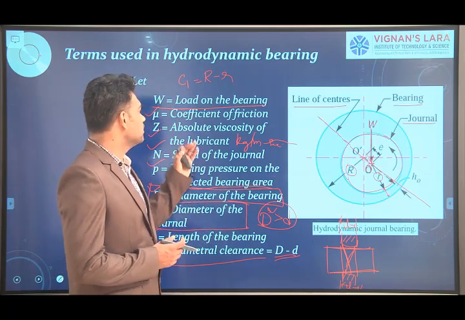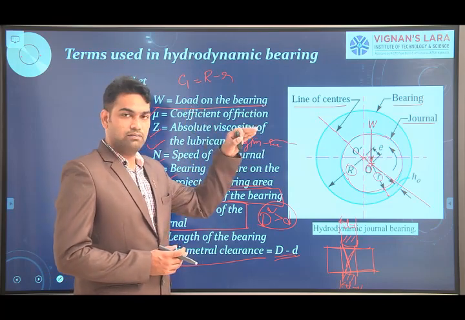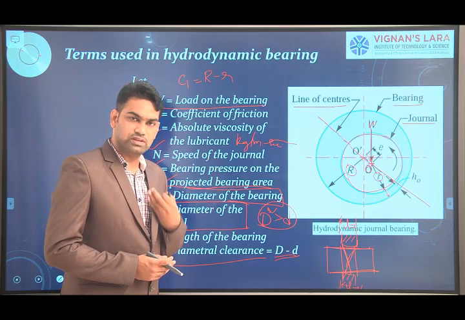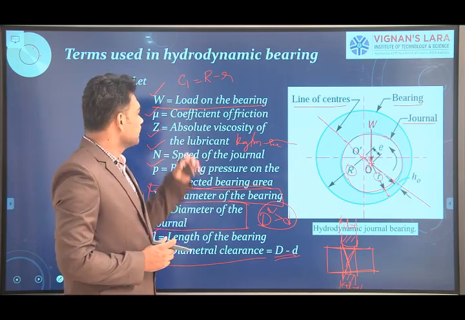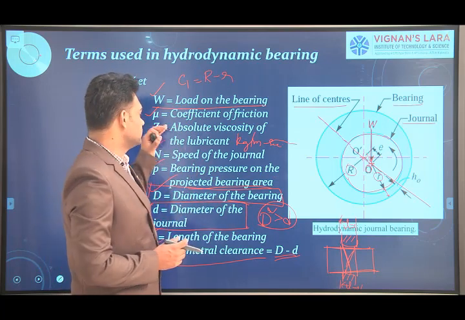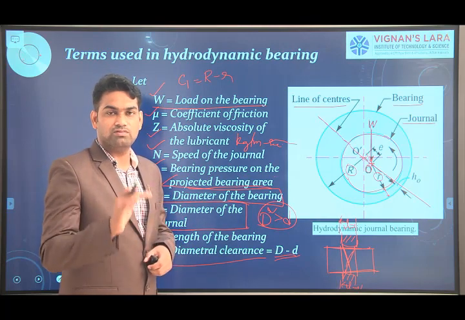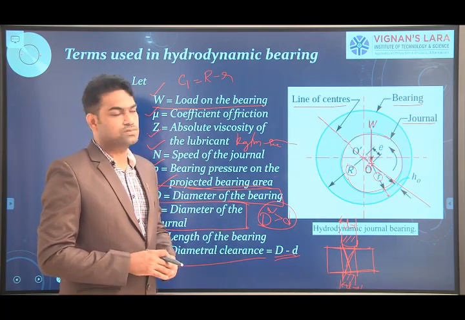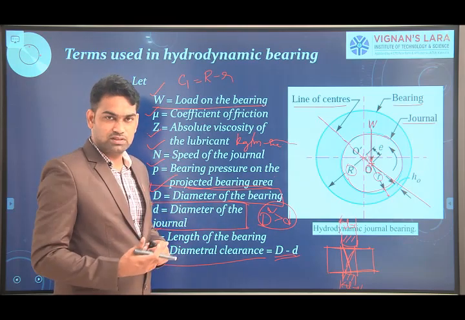Please remember that W is the load acting on the bearing. Load can be represented with either W or F, but in most cases we go with W. Mu is the coefficient of friction of the bearing. Z is the absolute viscosity; we are not considering any kinematic viscosity, only absolute viscosity. N is the speed of the journal, that is, the rotating speed of the journal.